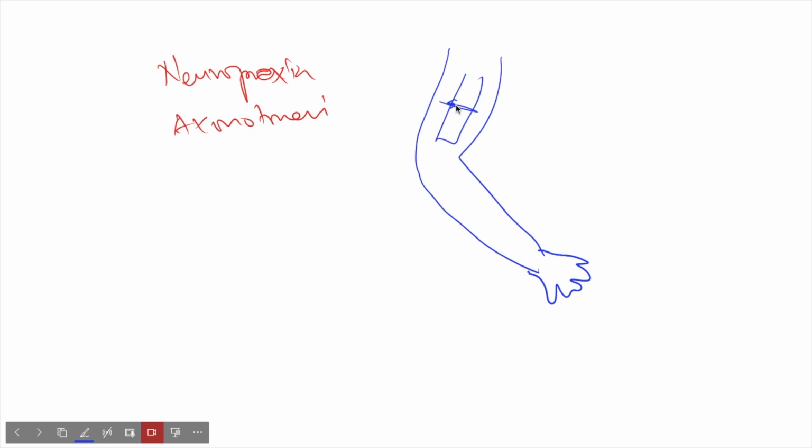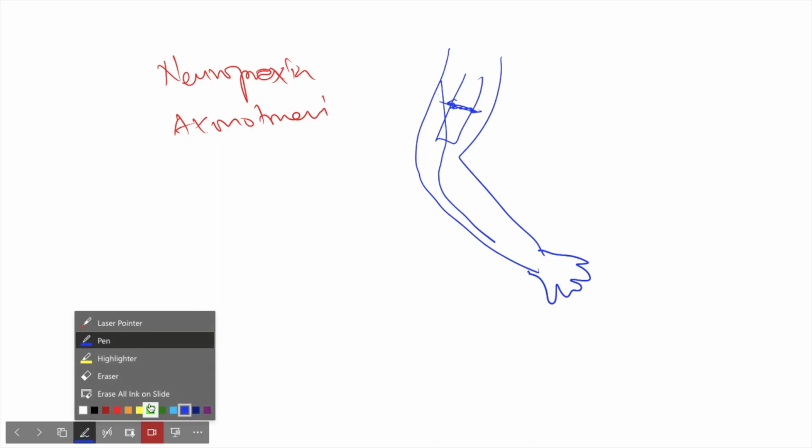How do you elicit this response? For example, let us say this is the arm, this is the elbow, and this is the hand, right? There was a humerus shaft fracture here. It has been plated or managed conservatively. There was a neuropraxic injury to the radial nerve while it was coming like that, right?